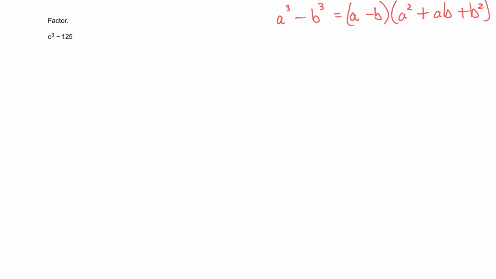And now what I just have to do is, for my question over here, figure out what I plug in for A and what I plug in for B. Okay, so the A is pretty simple because it says c cubed there. And so the c part, let me just put it in brackets. The c part, that's what I'm going to be plugging in for A over here.